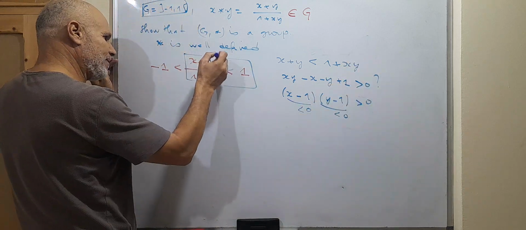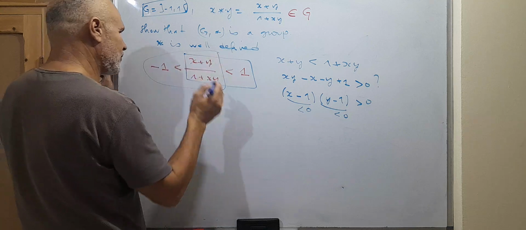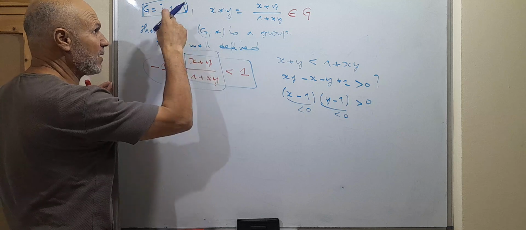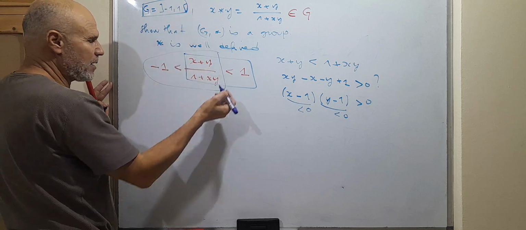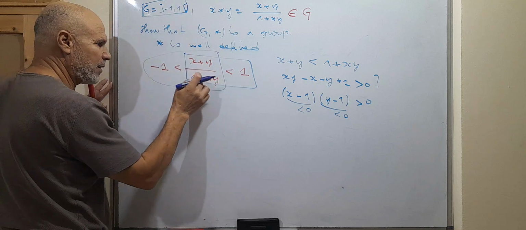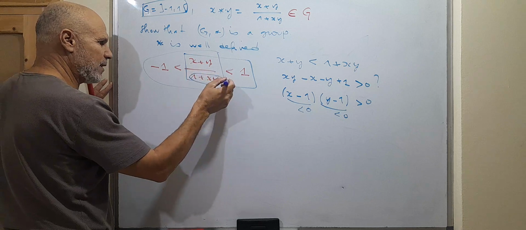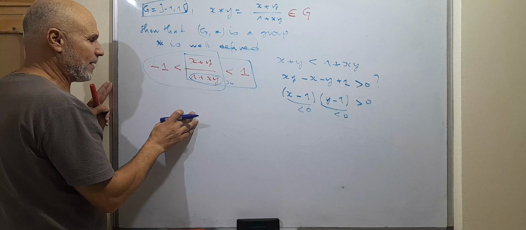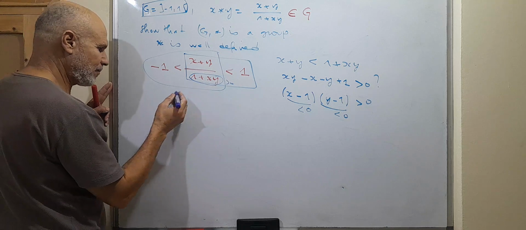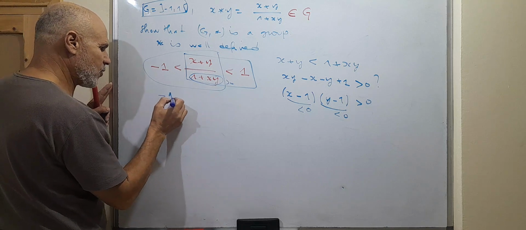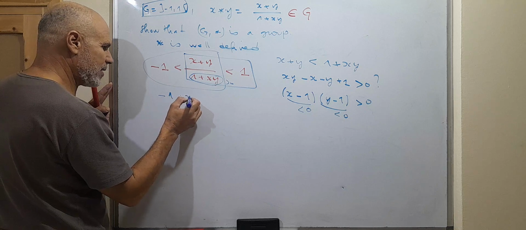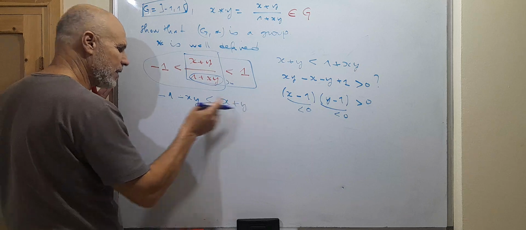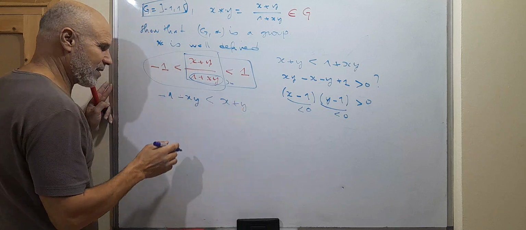Now the other side. The denominator is positive because x and y are in (-1, 1). We need -1 - xy less than x + y.